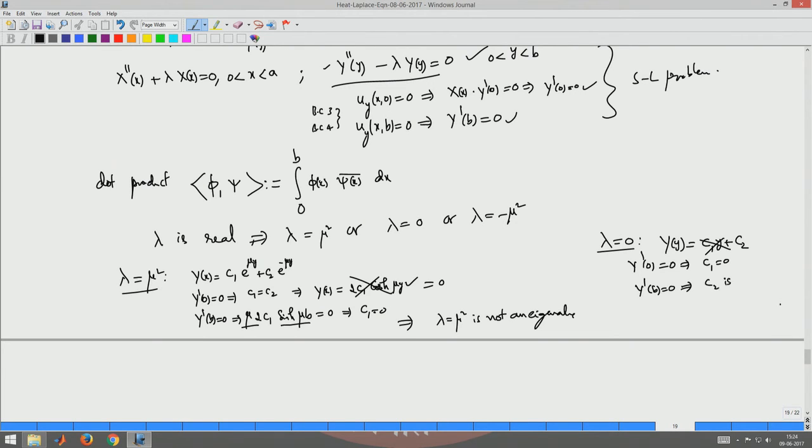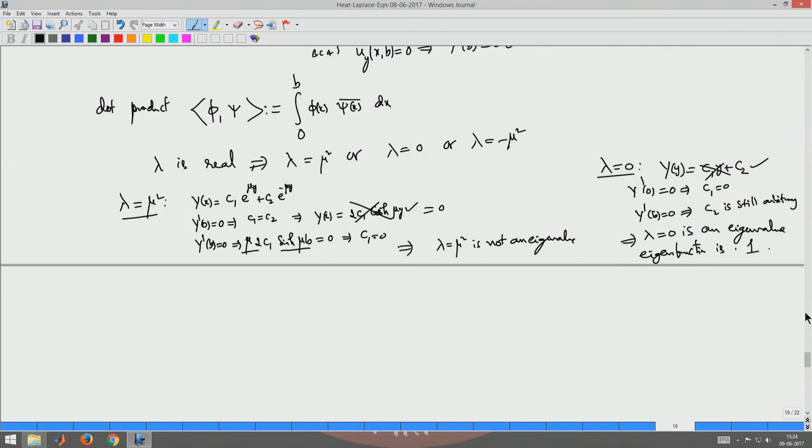C2 is still arbitrary, which implies you have a non-zero solution. So, lambda equal to 0 is an eigenvalue, and the corresponding eigenfunction is 1, taking C2 as the constant 1.